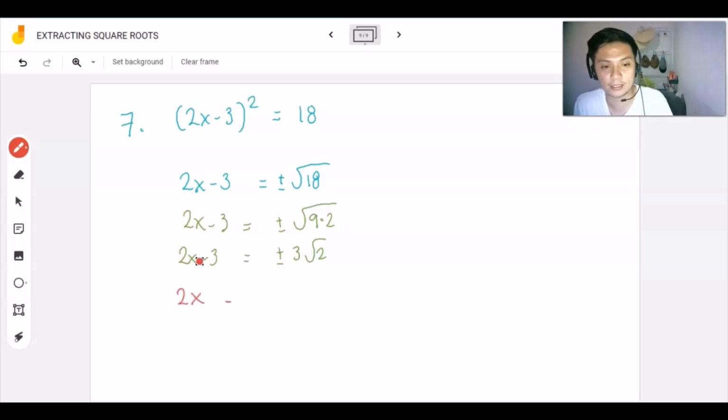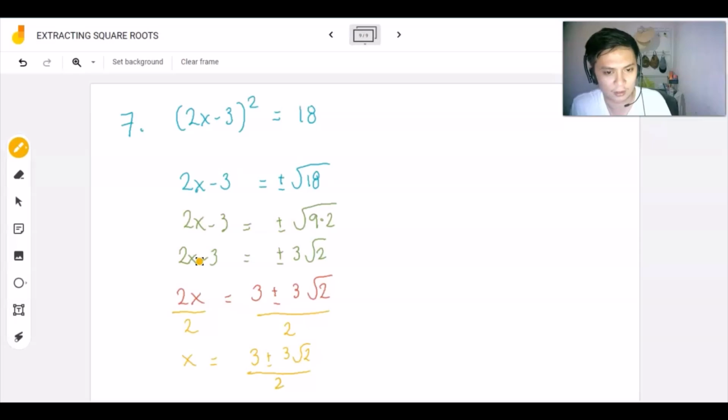So 2x is equal to positive 3 na siya, but no need for the plus sign, plus or minus 3 square root of 2. And the last step is, of course, to get rid of the numerical coefficient of x, which in this case is 2. So we have to divide both sides now by 2. Yan. So we have x is equal to 3 plus or minus 3 square root of 2 all over 2.